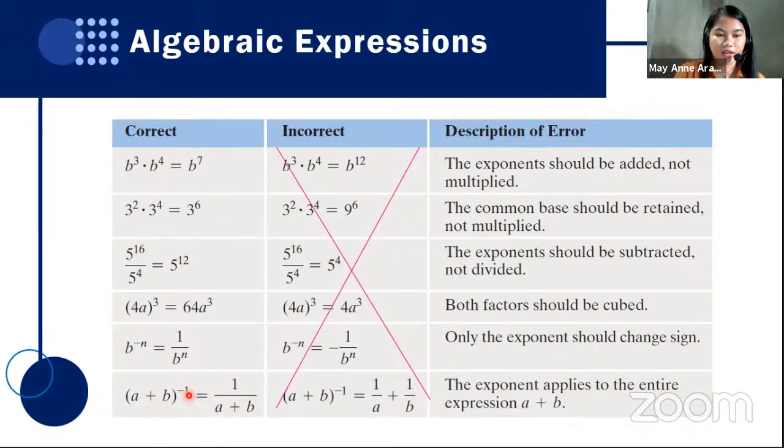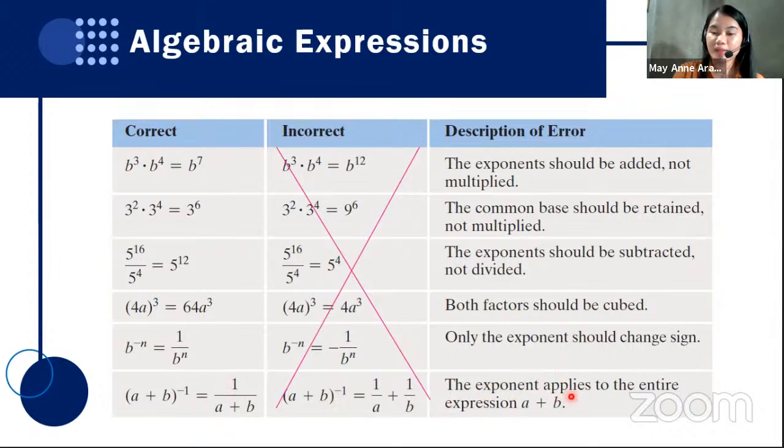We have here the quantity a plus b raised to negative 1. Since there is a parenthesis, the negative 1 is applied to the whole quantity. We do not distribute when these are variables like this. So the correct answer here is 1 over a plus b.